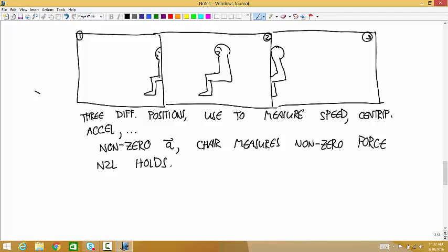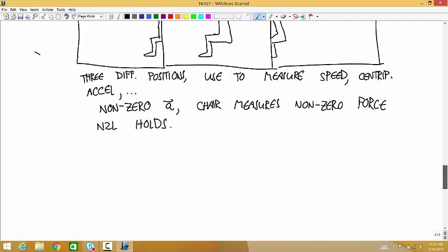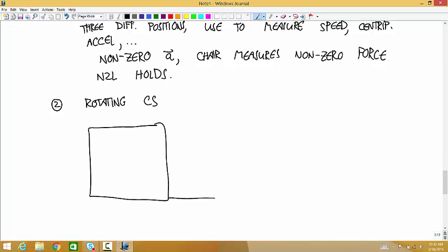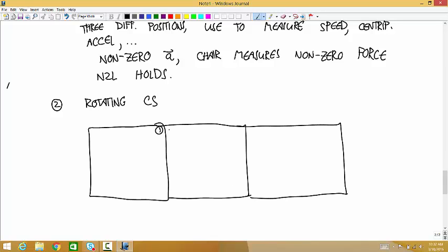So let's think about what happens in the rotating coordinate system. So there's the film strip.